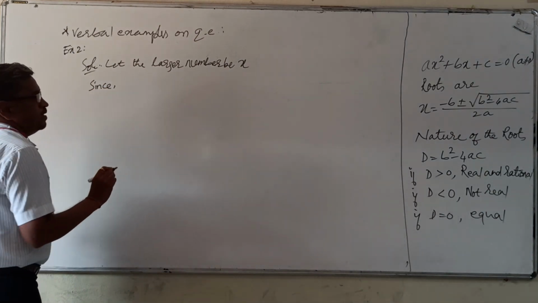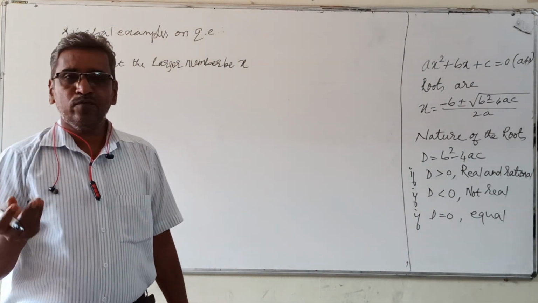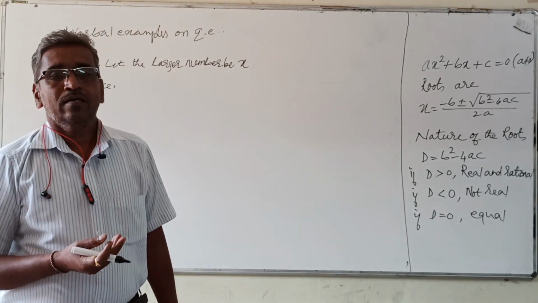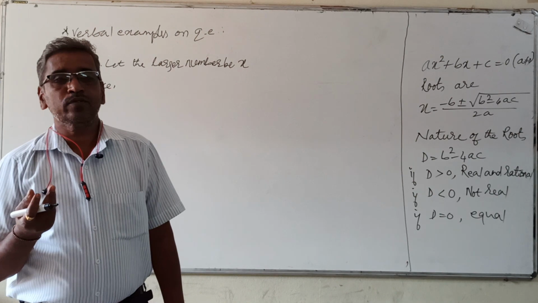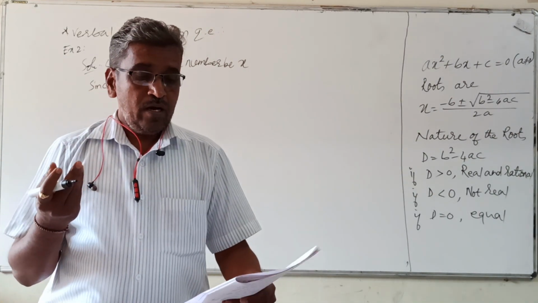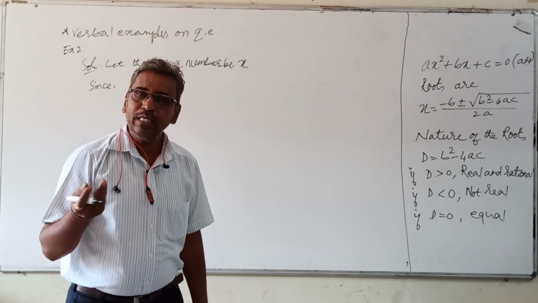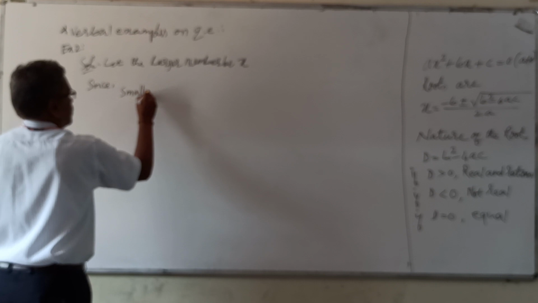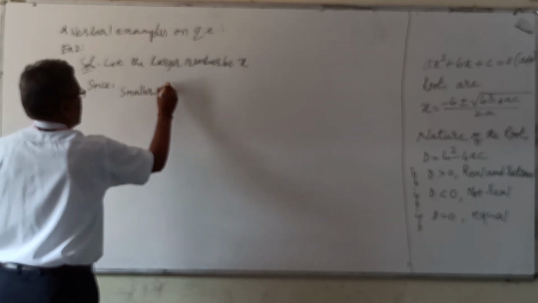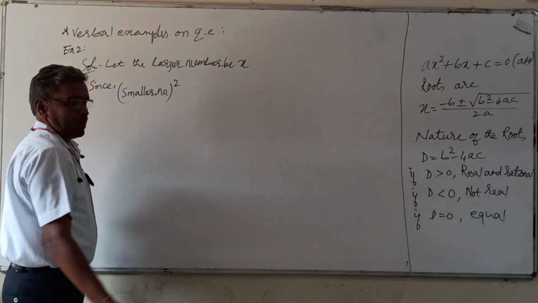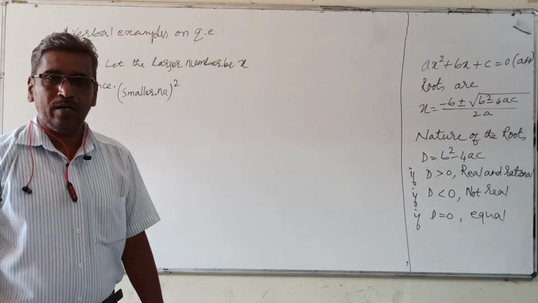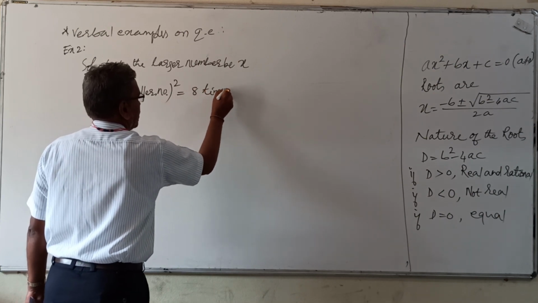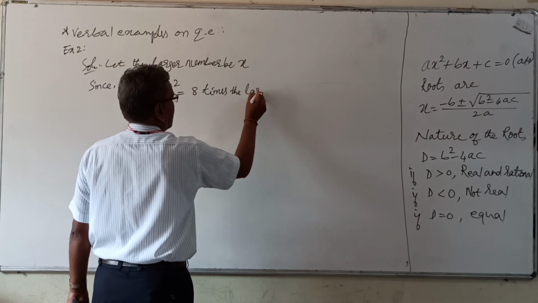Since the given, the difference of the squares of the two numbers is 180 and the square of the smaller number is 8 times the larger number.